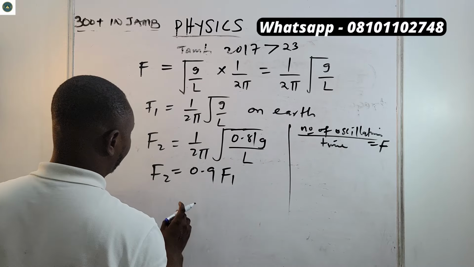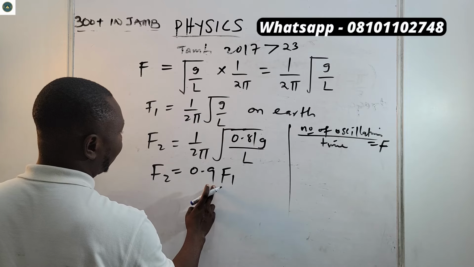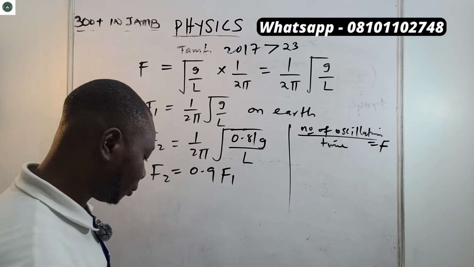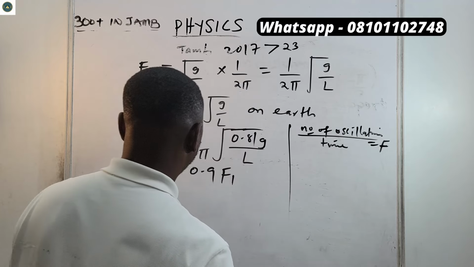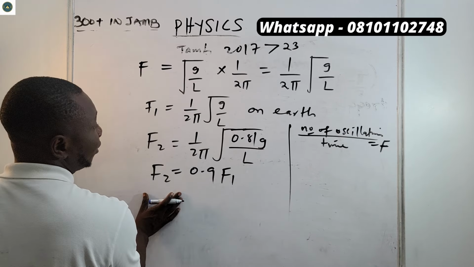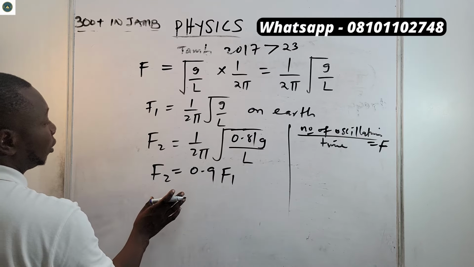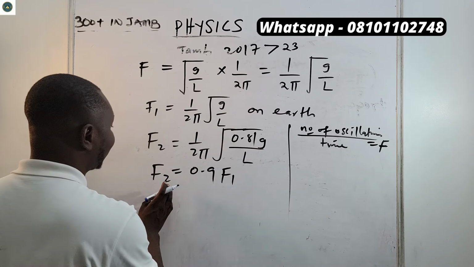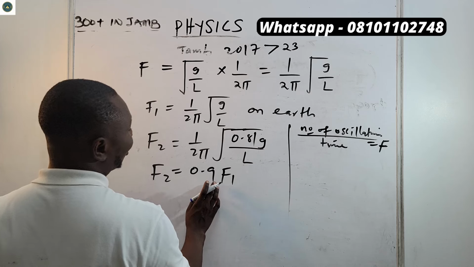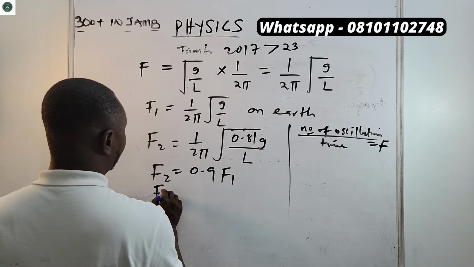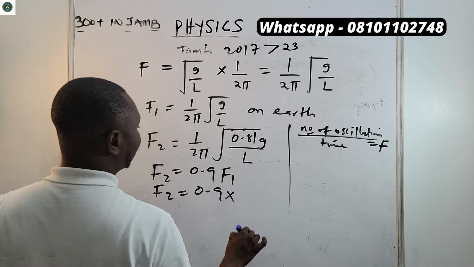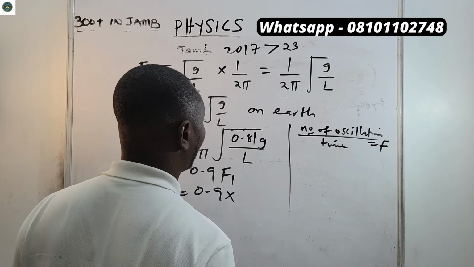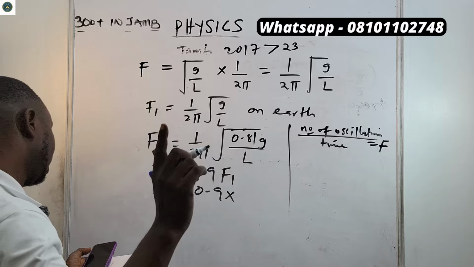Okay, so the next thing is F2 is 0.9 times what? F1. Now, F1 is the first frequency during the oscillation, and F2 is the second oscillation. Now, this F2 is equal to 0.9 times F1. F1 makes what? 90 oscillations in one minute.